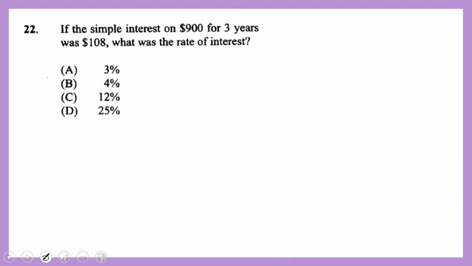All right, 22. It says if the simple interest on $900 for 3 years was $108, what was the rate of interest? Again, we write down our formula.